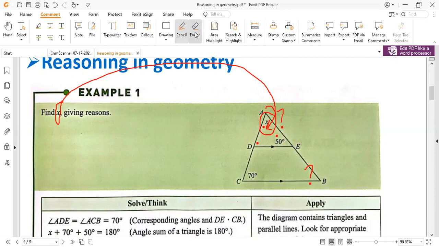So we should find another way to solve and find x.